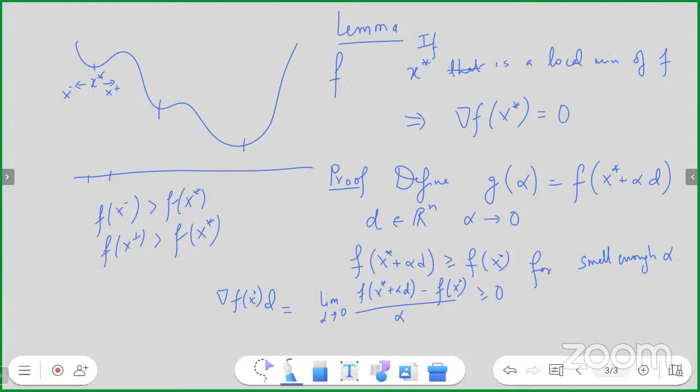These are called first order conditions because of the first derivative. Now we look at the second order as well, assuming the Hessian exists.